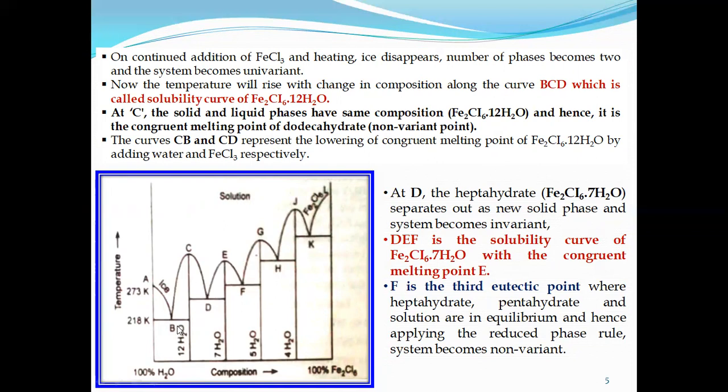Similarly, what we have seen in the dodecahydrate, we see here with the congruent melting point at E. F is the third eutectic point, where heptahydrate, pentahydrate, and solution are in equilibrium. Hence, applying the reduced phase rule, we observe that the system will be non-variant.